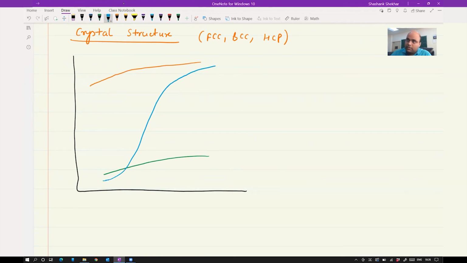Okay, so the red one here will correspond to low strength FCC HCP metals.